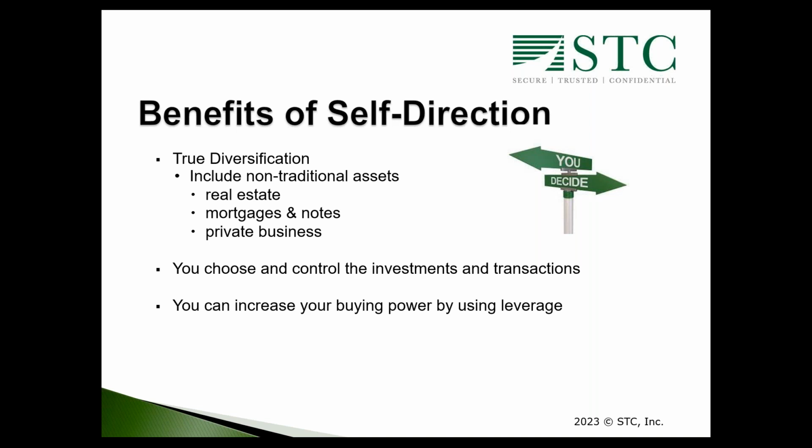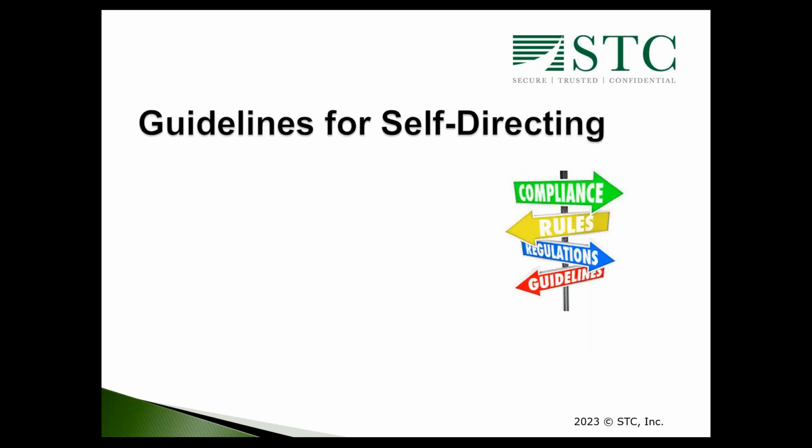So you can use other people's money to partially fund this investment. And because of all of these things, you may be able to experience a higher return on your investments by self-directing.